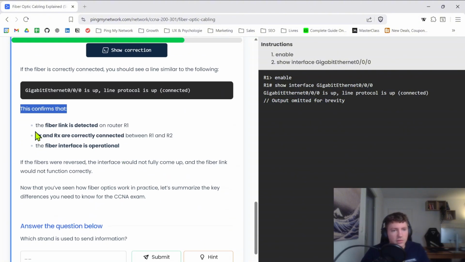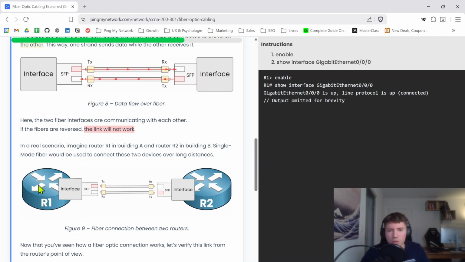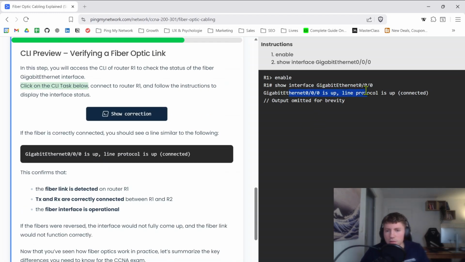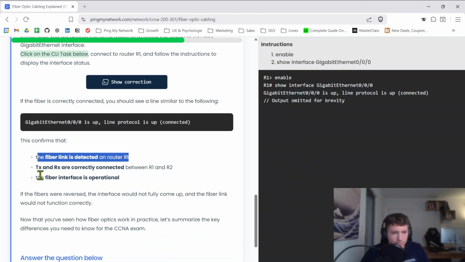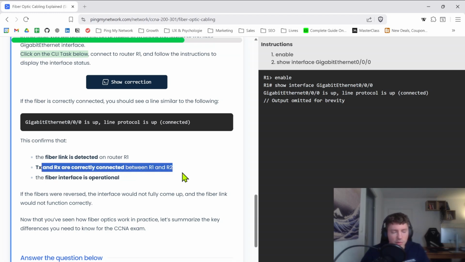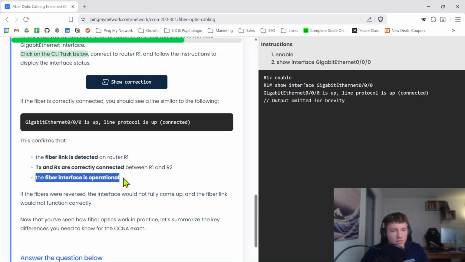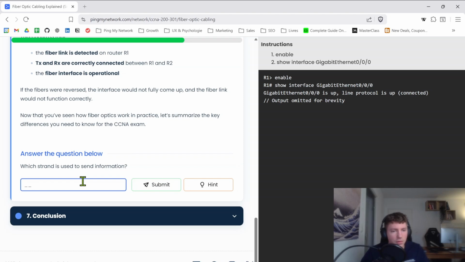This confirms that the fiber link is detected on router 1. Up, line protocol is up. TX and RX are correctly connected between R1 and R2. The fiber interface is operational.